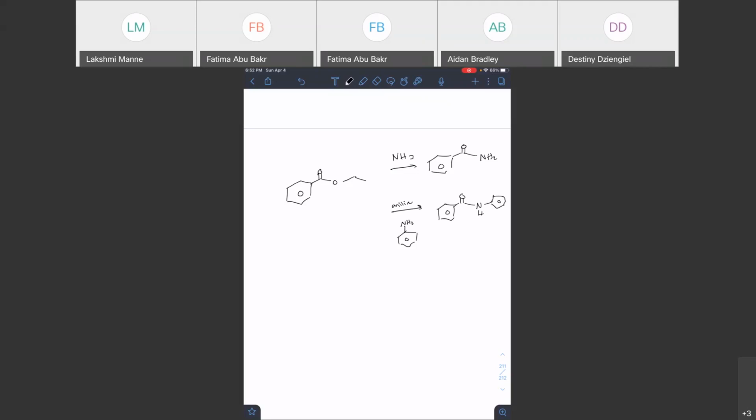And so I think maybe the point of Dr. Son putting this in the notes is to explain how nitrogen always likes to be attached to 3 things. So if you do an NH3, well, then it can be attached to 2 of the hydrogens. But in this case, it's forced to kick one of the hydrogens out because it can only be attached to 3 things at a time. So essentially, anytime you attach a nitrogen to anything, you might have to get rid of a hydrogen. You just want to make sure it stays attached to 3 things, no more.